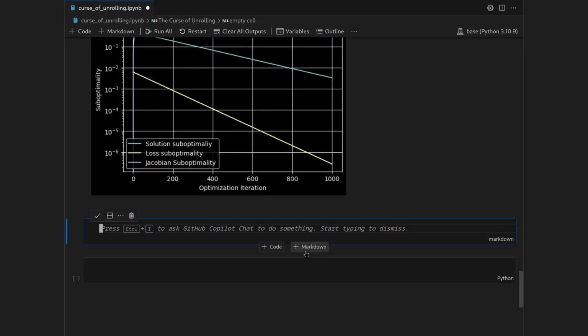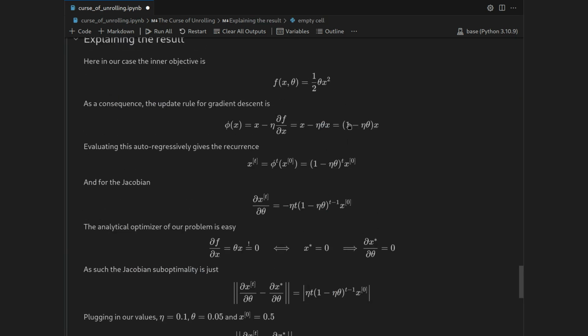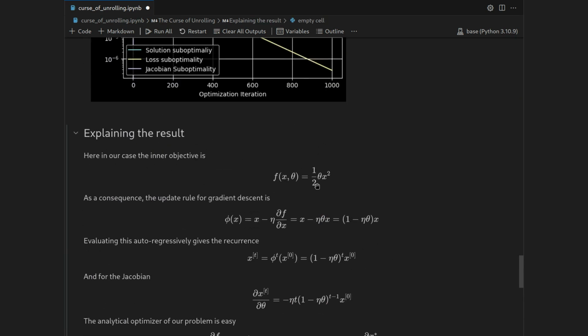For this, let me paste in a markdown block and let's go over that. Again, let's recall that our inner objective was this quadratic convex one. And here I purposefully removed the linear term because we set b to 0. So we only have a half theta x squared. Let's look at the iterator that is part of the gradient descent algorithm, which says we do x minus eta times the gradient.